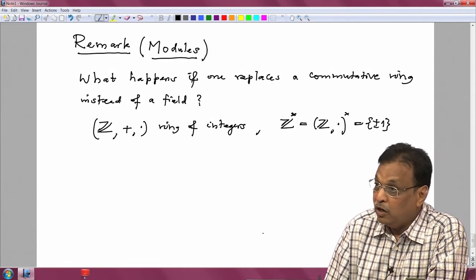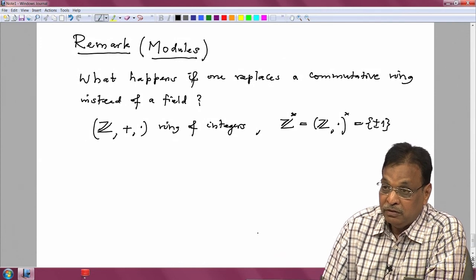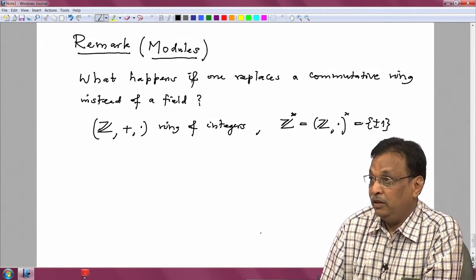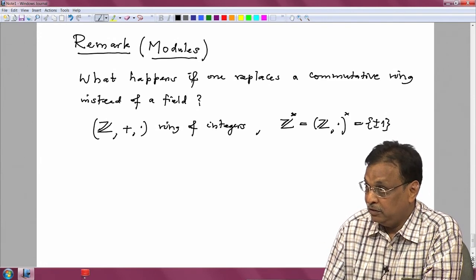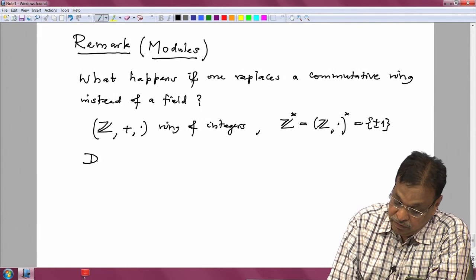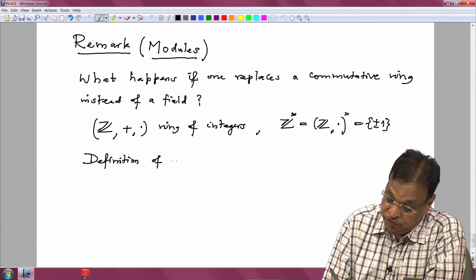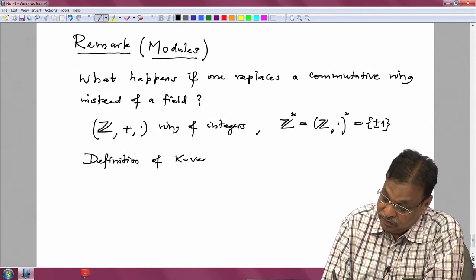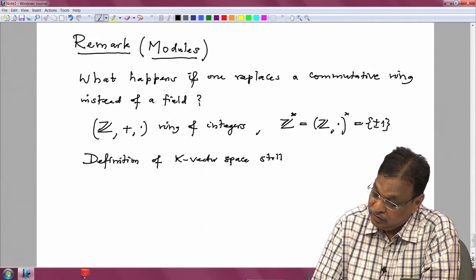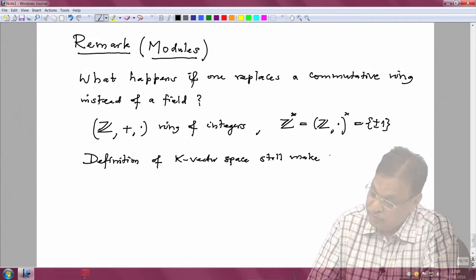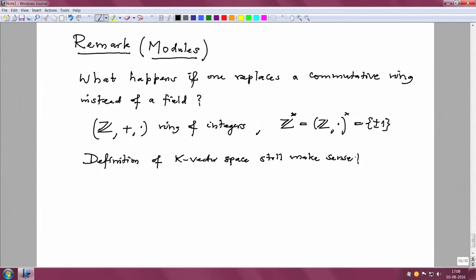If your coefficients are not 1 and bigger numbers, then you cannot cancel them, and the study becomes more complicated. But the definition of a K vector space still makes sense. When I say this, K is now not a field but, let us say, a ring R.